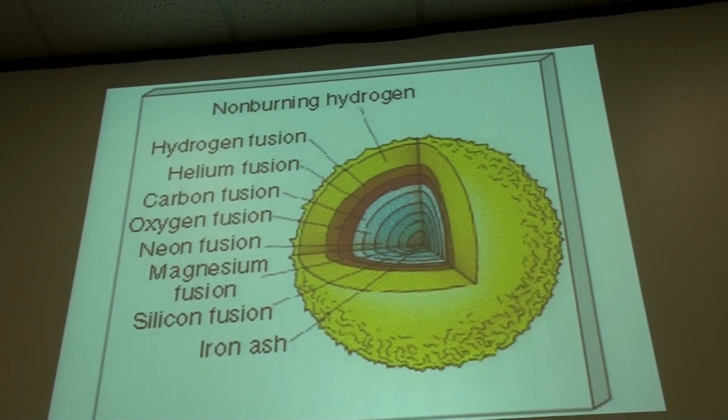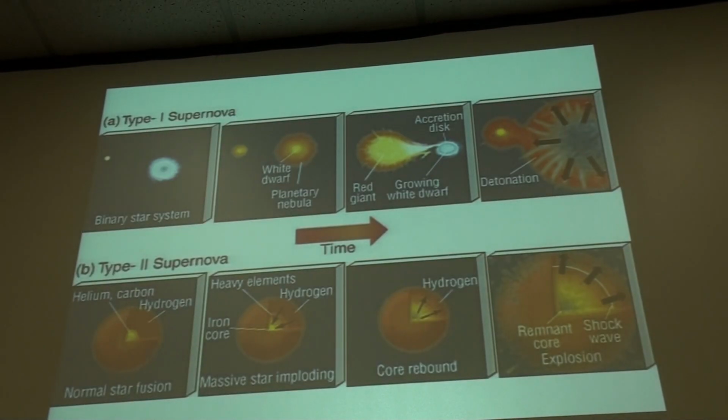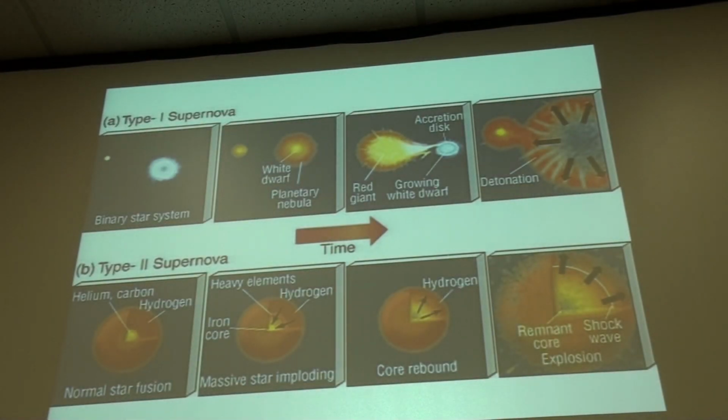And the iron core will collapse, and so then the rest of these layers of the star fall inward toward the iron core, bounce off of it, and this is the kind of supernova that we would expect, what's called a type 2 supernova.